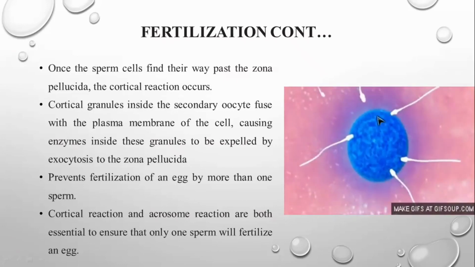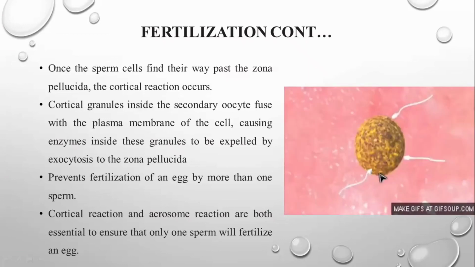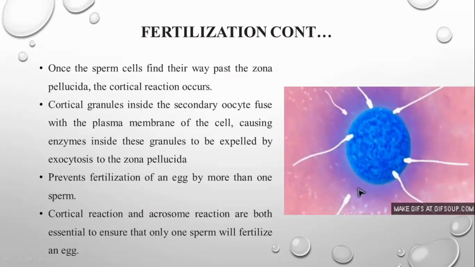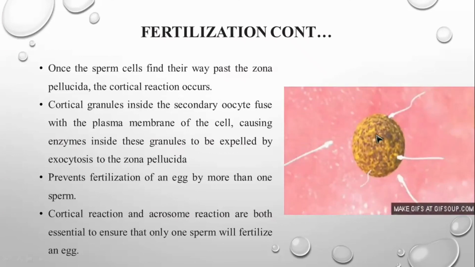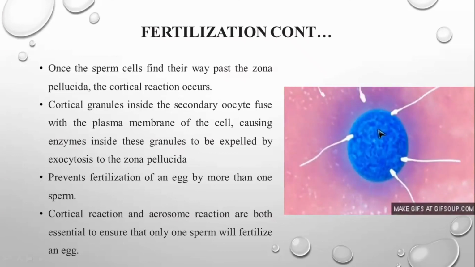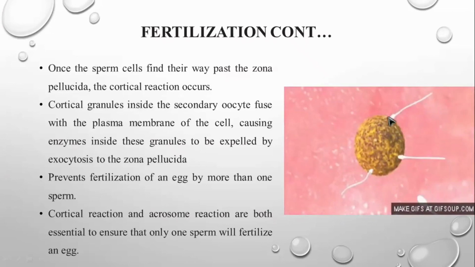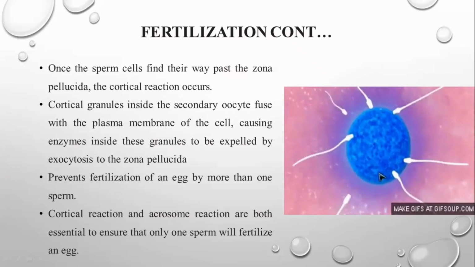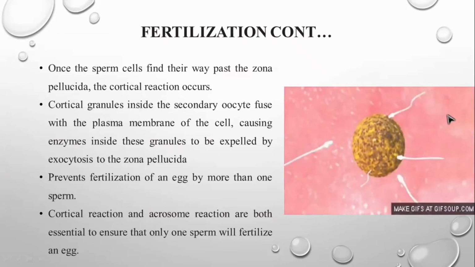We call it a cortical reaction, which doesn't allow other sperm to penetrate. You can find none of the sperm is going to get penetrated during this time. The others just keep fighting, try to enter the womb, and finally these sperm cells will be absorbed in the uterine layer itself.